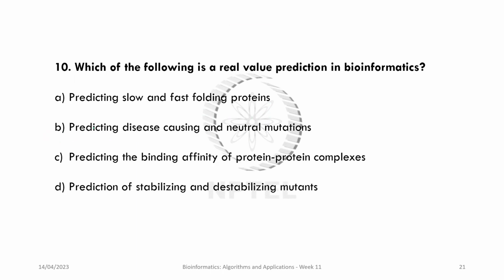Question 10. Which of the following is a real value prediction in bioinformatics? A. Predicting slow and fast folding proteins. B. Predicting disease causing and neutral mutations. C. Predicting the binding affinity of protein-protein complexes. D. Prediction of stabilizing and destabilizing mutants. Think about this.